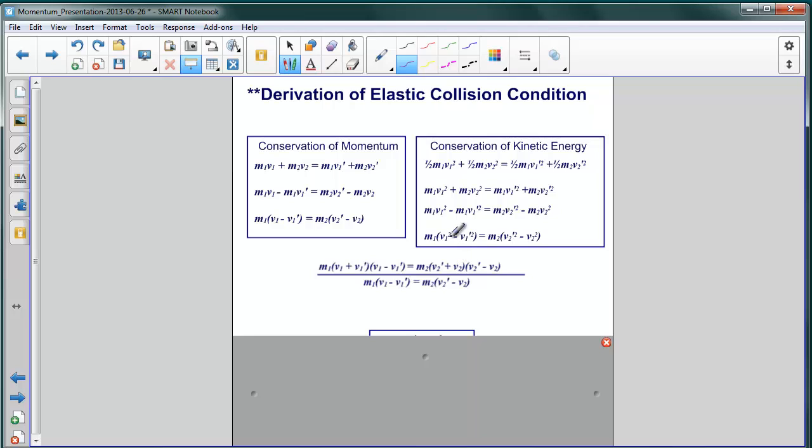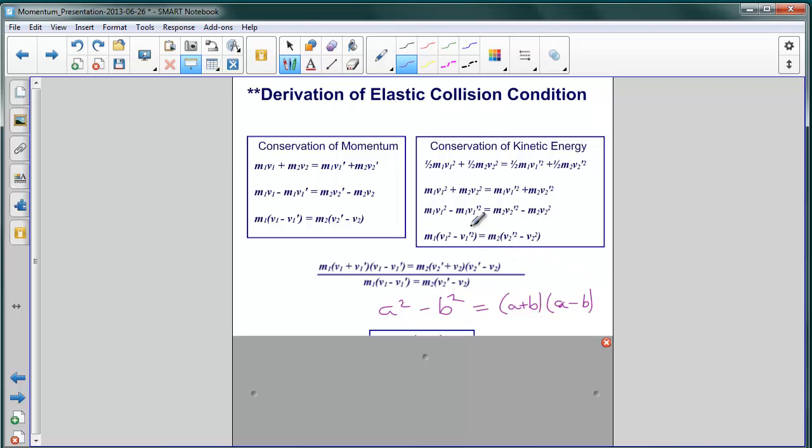Now we've done another trick, which is that we remember from algebra that if we have a squared minus b squared, that's just equal to a plus b times a minus b.